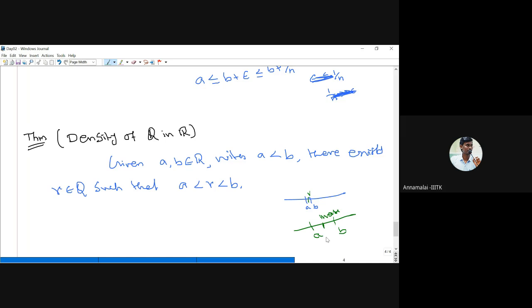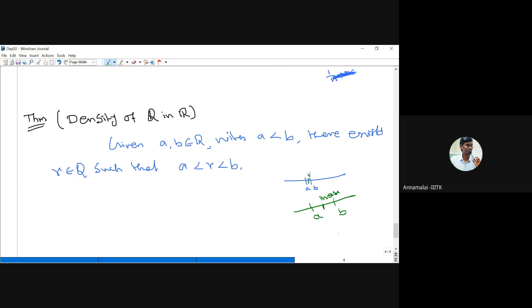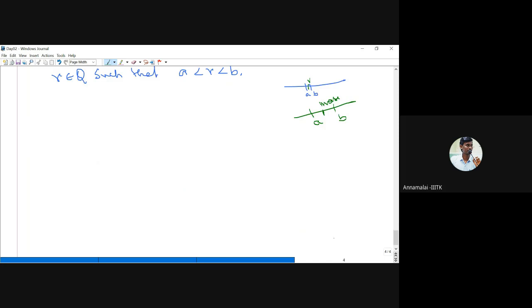Now we have discussed some basic things, and I hope everyone knows about intervals. So quickly we recall what an interval is: open interval (a, b), closed interval [a, b], and so on. The closed interval [a, b] is nothing but the collection of all real numbers between a and b, including a and including b.